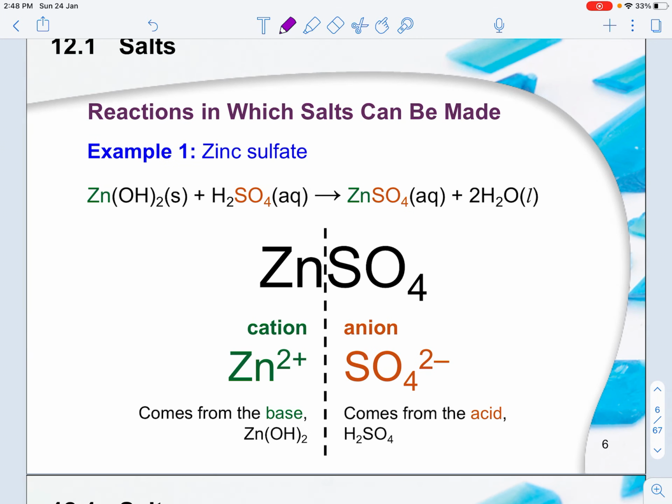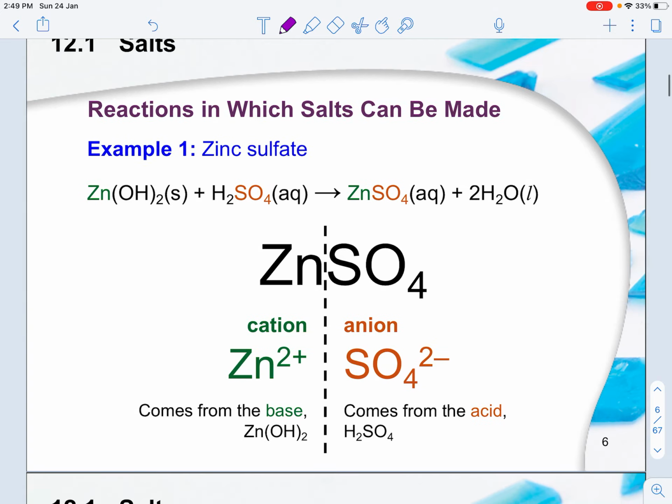So when we look at this example, zinc sulfate usually forms from zinc hydroxide, which is a base. In this case, because you have a hydroxide, it tends to be an alkali, a soluble base. Following this is your acid, and as you realize in your chapter on acids and bases, this is a neutralization reaction that forms your salt and water.